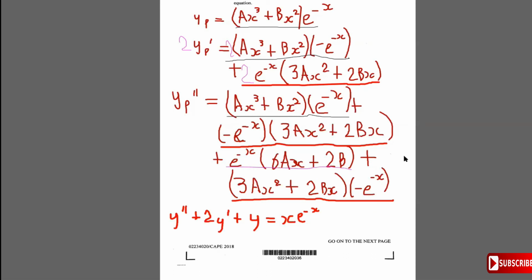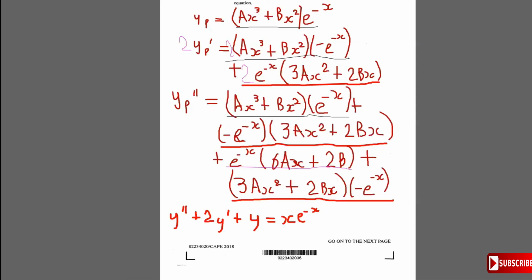So that implies what we're left back with is this part, e to the minus x, 6ax plus 2b. e to the minus x into 6ax plus 2b.